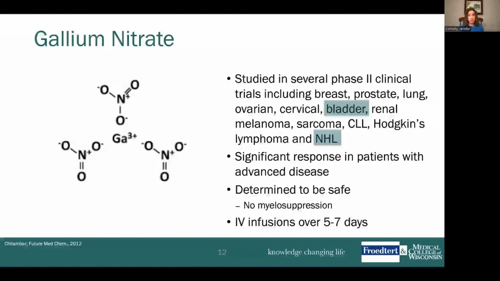Patients tolerated it really well. There was no significant toxicity. But the challenge is gallium nitrate needed to be infused over 5 to 7 continuous days. And so that required a stay in the hospital. And while it seemed to have some benefit, it just was logistically not feasible.